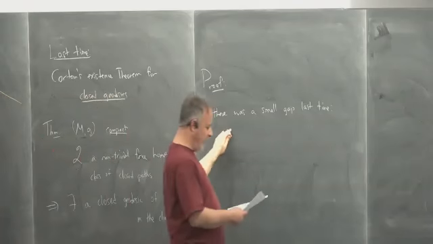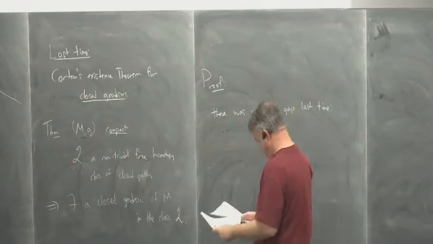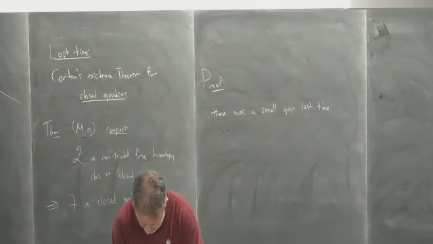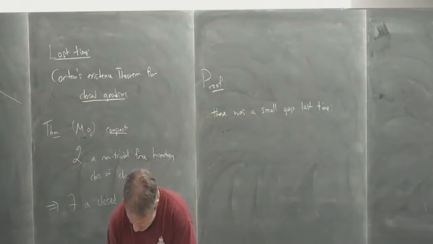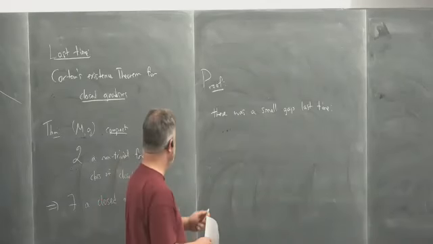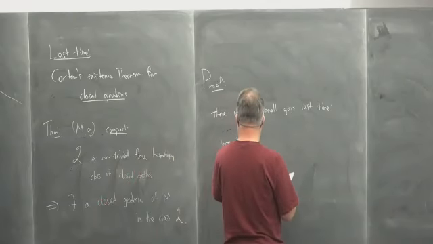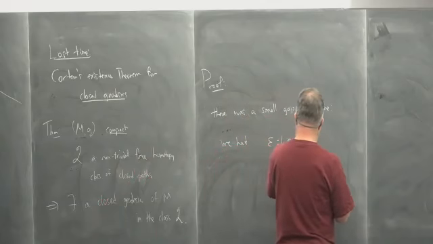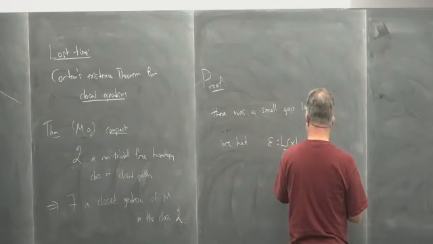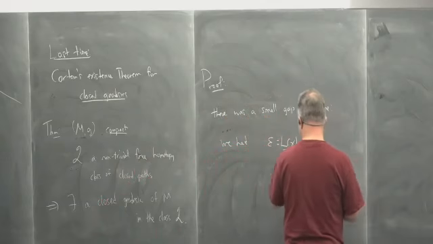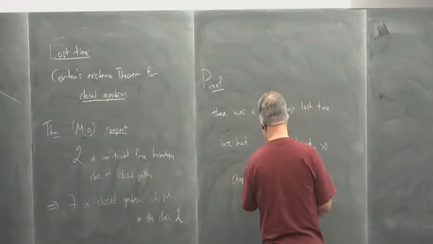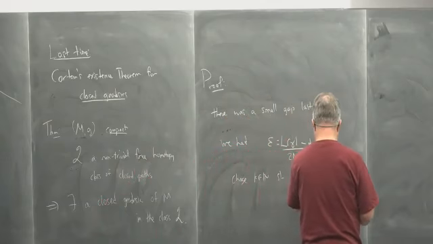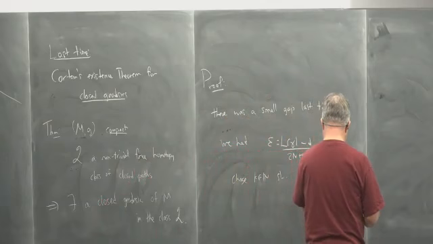So the small gap that I inadvertently skipped over was the following. At some point in the proof, we had epsilon was the length of gamma minus d over 2n plus 1, and we chose a natural number k such that L of gamma k was less than d plus epsilon.